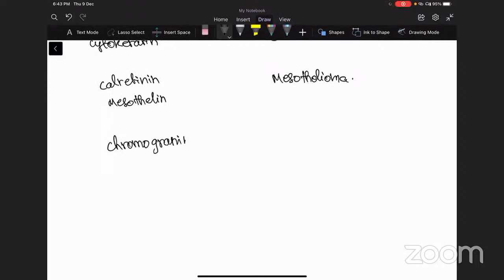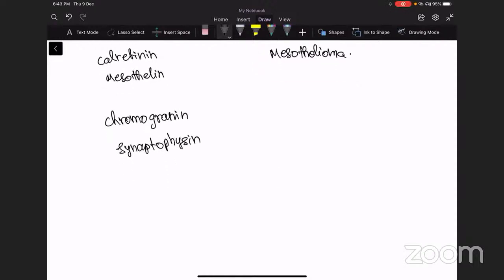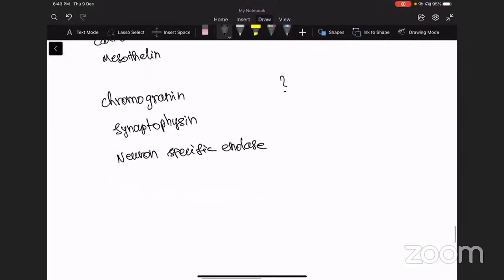Chromogranin, synaptophysin, neuron specific enolase are all markers of which tumor?